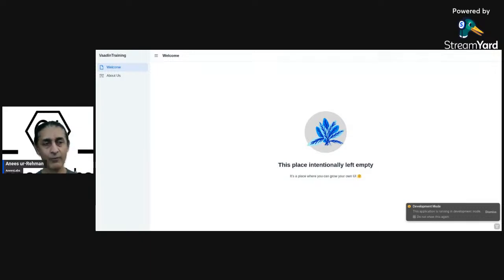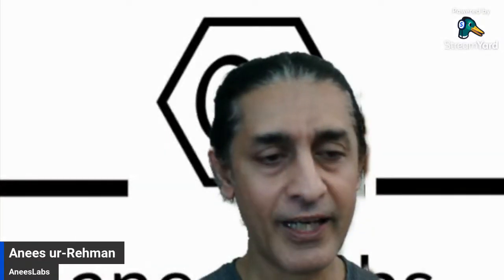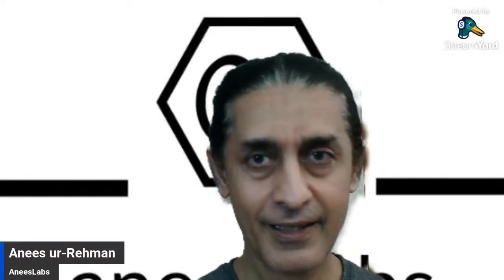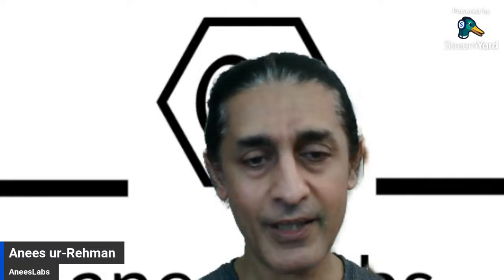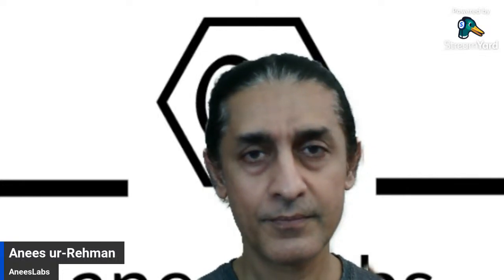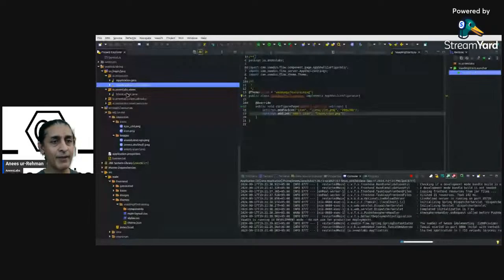Now let's continue working on our application, where we are creating our login buttons and registration buttons, so that we can beautify our application. Let's come into the main layout class.